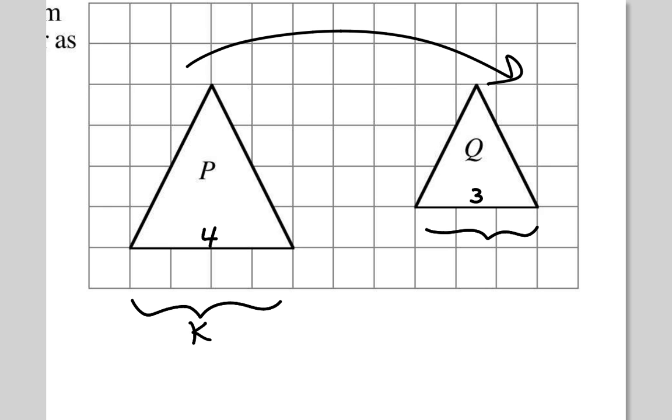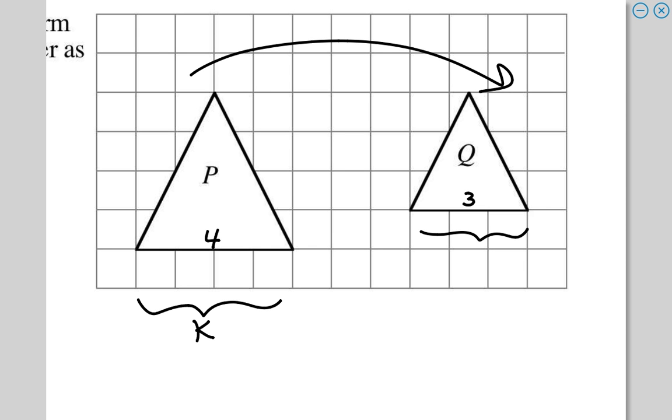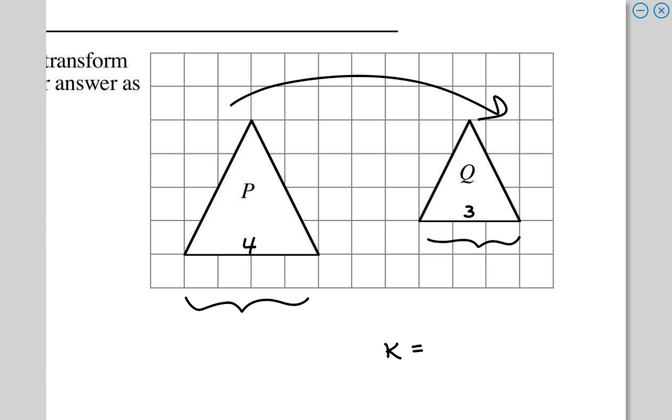So how could you determine K, the scale factor? The new thing divided by the old thing. Remember, we're going from P to Q, so we're going to go 3 over 4.